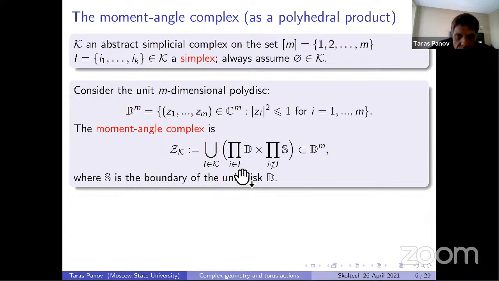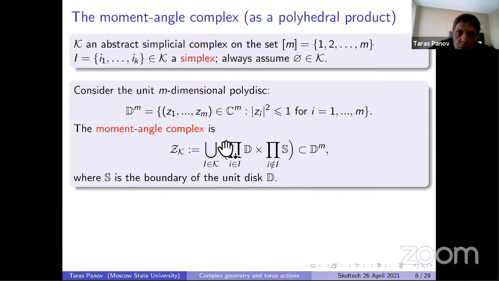For arbitrary I, a subset of M indices, you write down a subproduct in this polydisk. It consists of disks and circles, right? Whenever your index is in your set, then you put a disk on the appropriate space. And whenever your index is not in your subset, then you put a circle. So this thing in parentheses is always a product of disks and circles, which sits inside the polydisk.